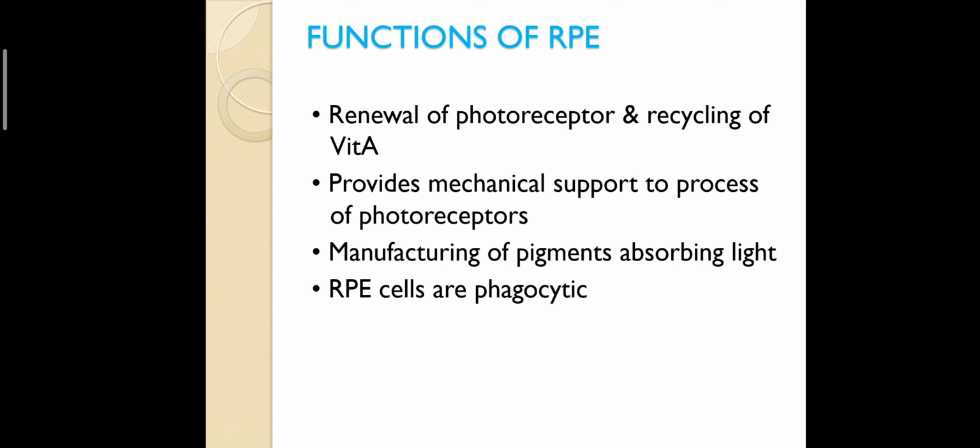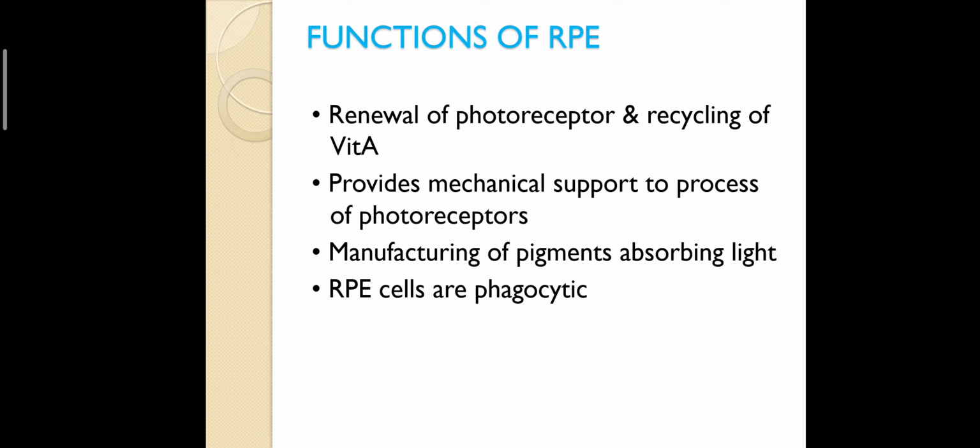So what are the functions of the RPE? As it is just adjacent to the layer of rods and cones, it is responsible for renewal of these photoreceptors, the rods and cones, and helps in recycling vitamin A. Since it is anchoring the other layers of the retina, it provides mechanical support to the photoreceptors, and it also helps in manufacturing pigments.